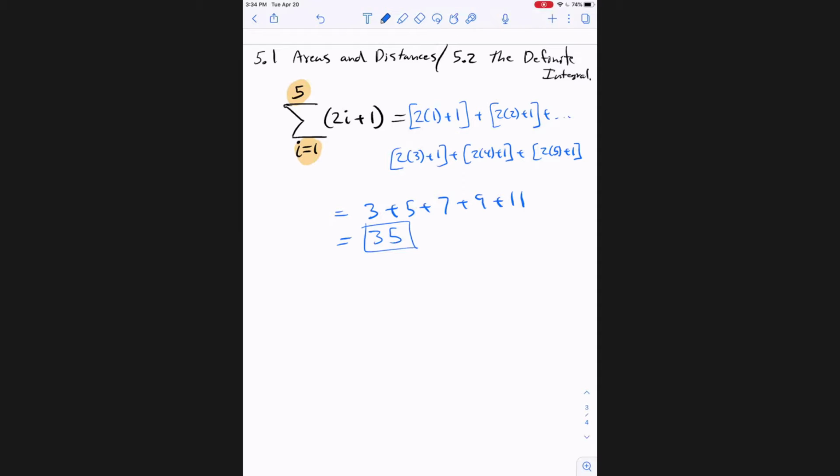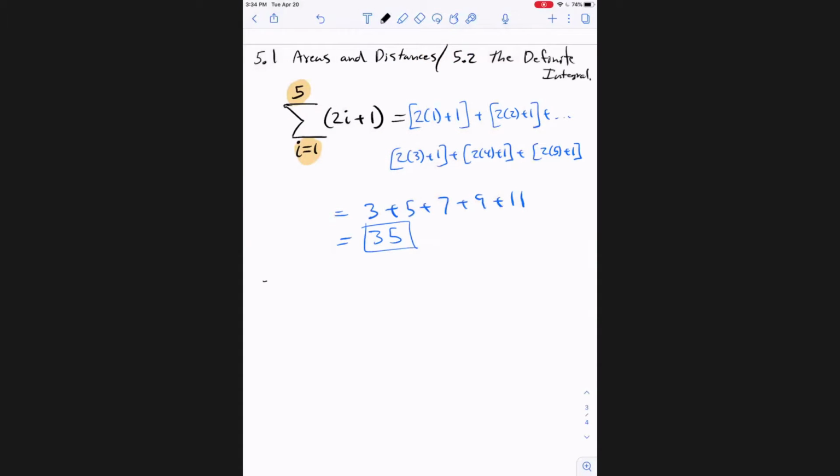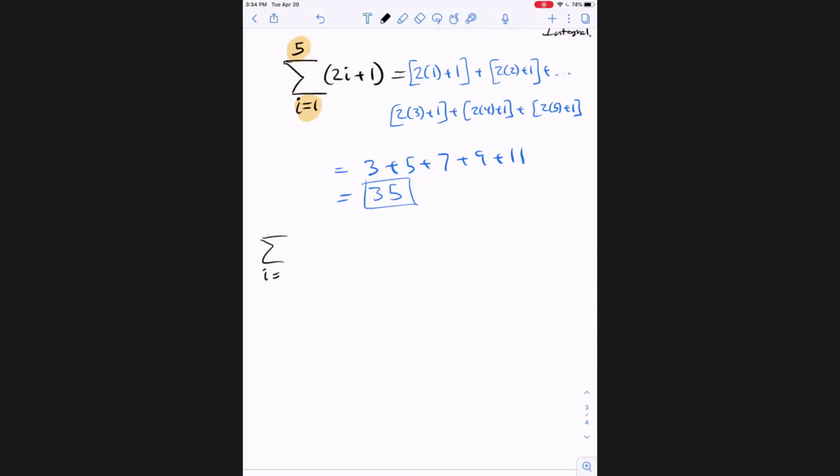Does that make sense? Okay, so let's say I ask you to sum, and it doesn't necessarily have to start from i equals 1. Let's say i equals 3 to i equals 6 of i squared. How would you do this?